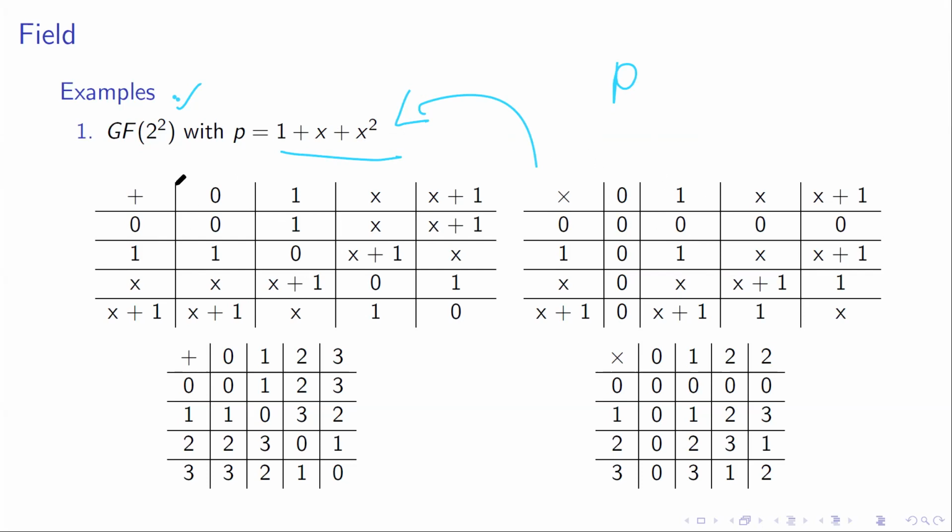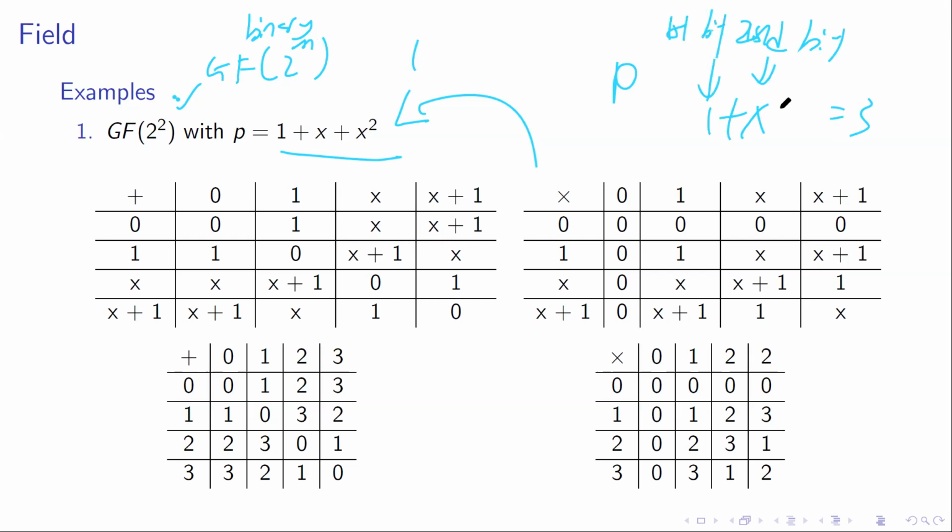One good thing about polynomials is that you can represent them as bases. When we have GF of 2 to the power of n, we can represent it in binary. So if we have, let's say, x plus 1, then we just take it as 3, because I take x as the second bit, and this is the first bit.